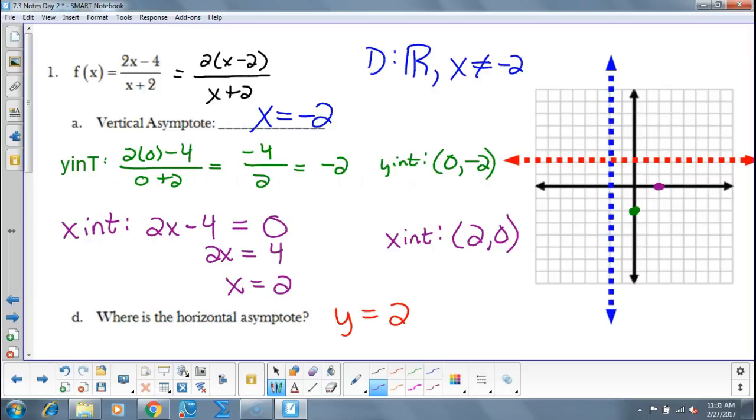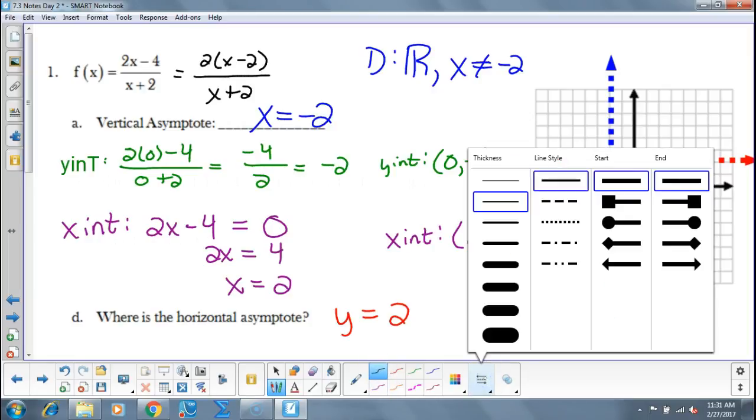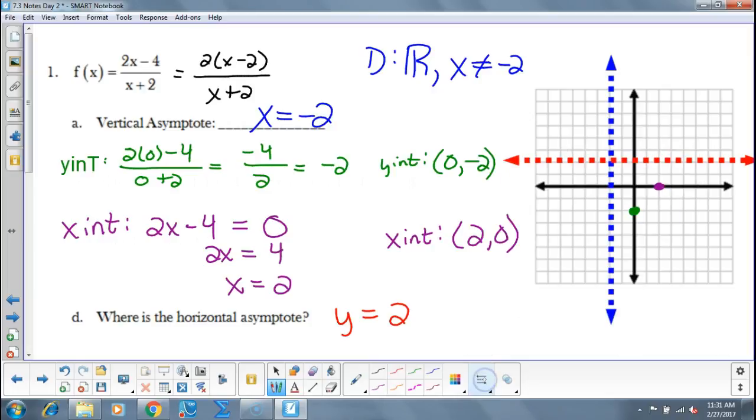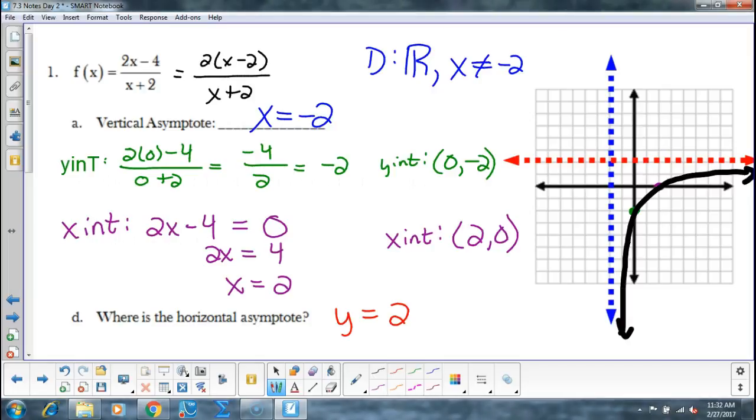So my function will start down here and it will come up and it'll go like this on that side, because I have to go through the x-intercept and I have to go through the y-intercept, and I can't cross over the blue.